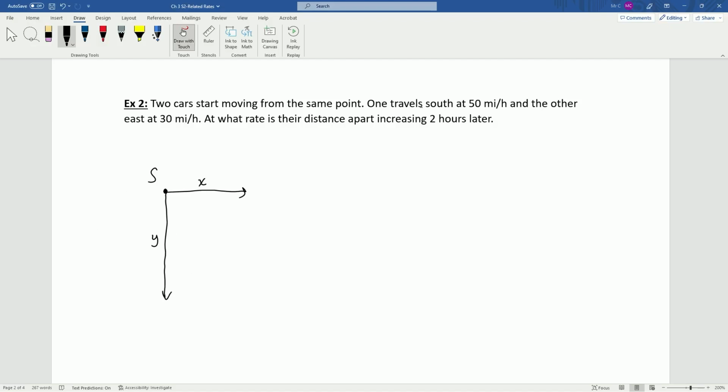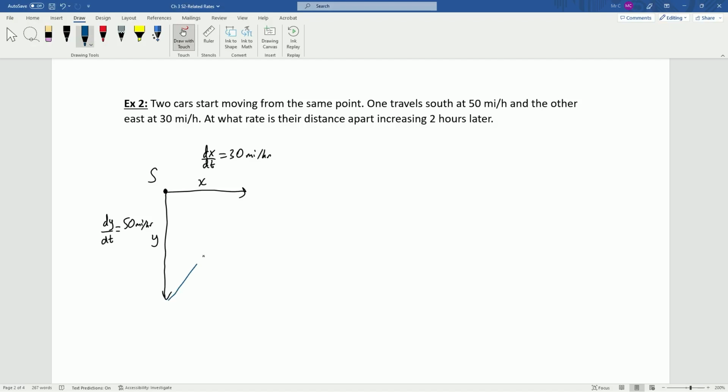And so what do we have so far information-wise? The one traveling south, dy/dt, is 50 miles per hour. And the one traveling east, dx/dt, is 30 miles per hour. So we've created most of our picture, but what do we want?